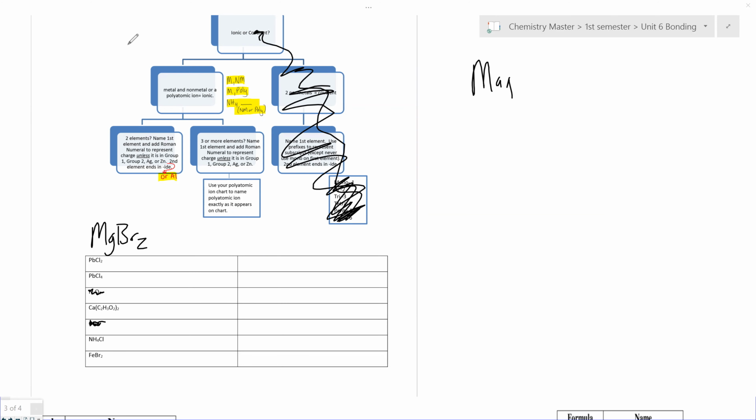He is correct about that. Bromine? It is bromide. Very nice. It's bromine, but he changed the ending, which he should have. The second element ends in -ide. So instead of bromine, it is bromide. That's it. Magnesium bromide.